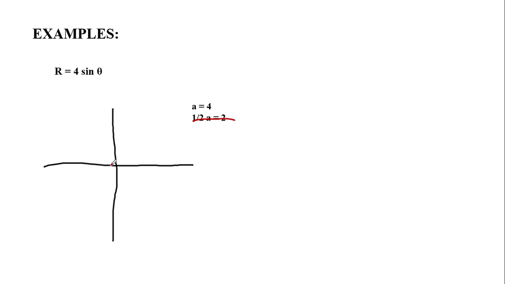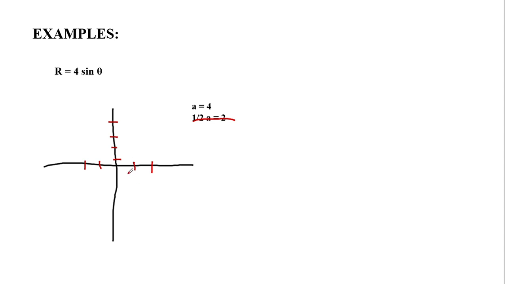To graph it, so we have 4. So let's travel the 4 units up. 1, 2, 3, 4. And then 2 units, since our half of A is 2, 2 units to the right and 2 units to the left.